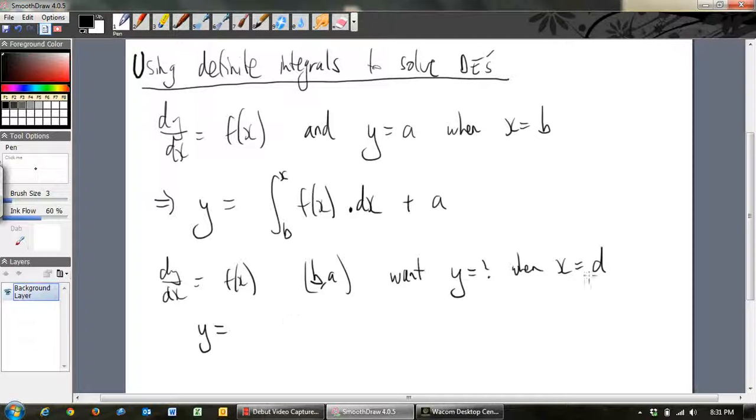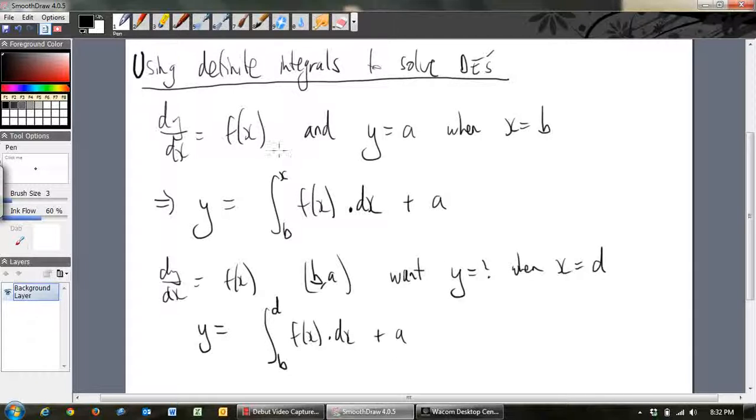Then what y is equal to when x is equal to d is the integral of f of x dx, again plus a, that's the y term there. We'll put the b term down here, and the value of x that you want, we write up here, and we evaluate this definite integral, and that will tell you the value of y when x is equal to d.